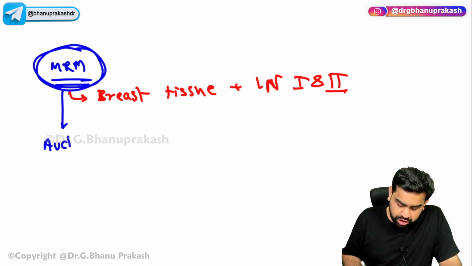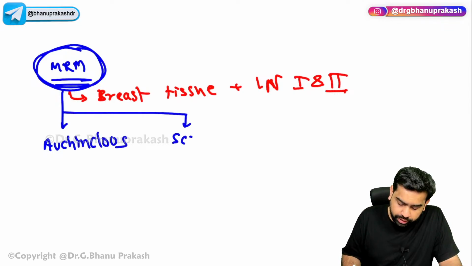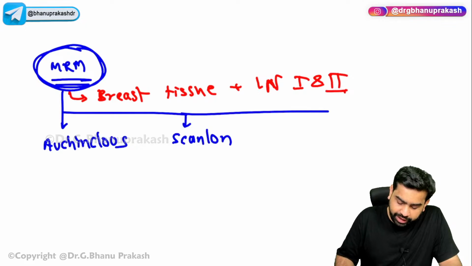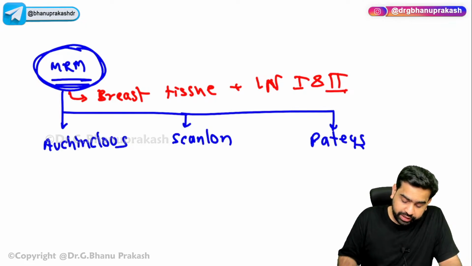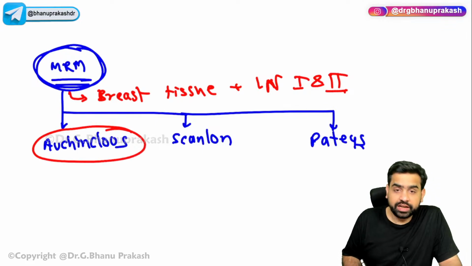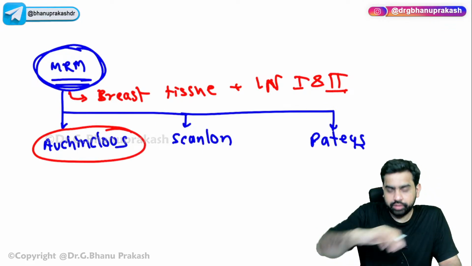You have Auchincloss, you have Scanlon, and you have Pettis. So what do you do in the Auchincloss modified radical mastectomy? Okay, let's start with the Pettis.